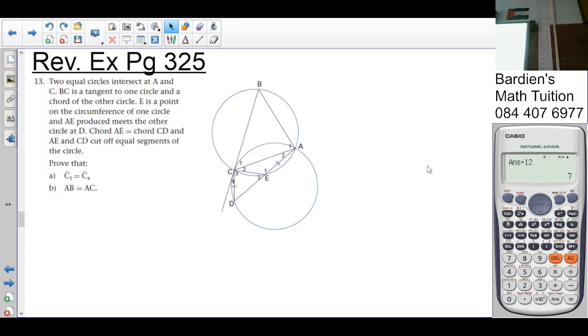Carry on reading. Then you are told that BC is a tangent to one circle and a chord of the other circle. So BC is a tangent, so that is going to be C4 is equal to A2.